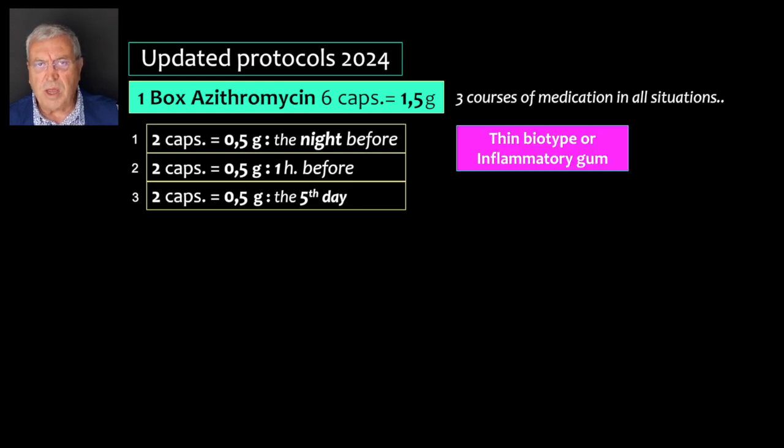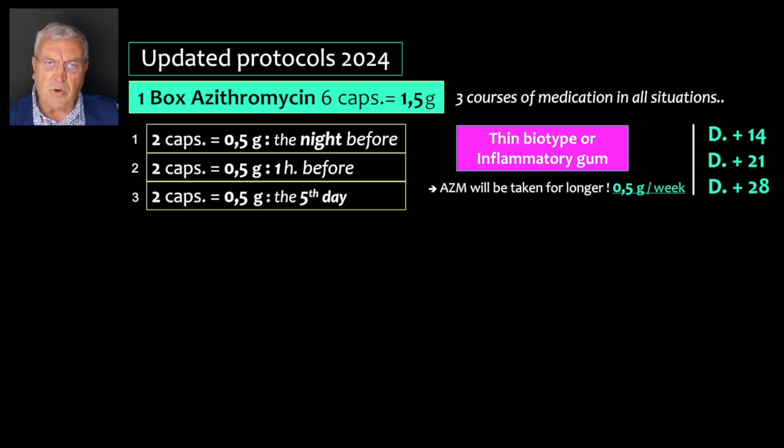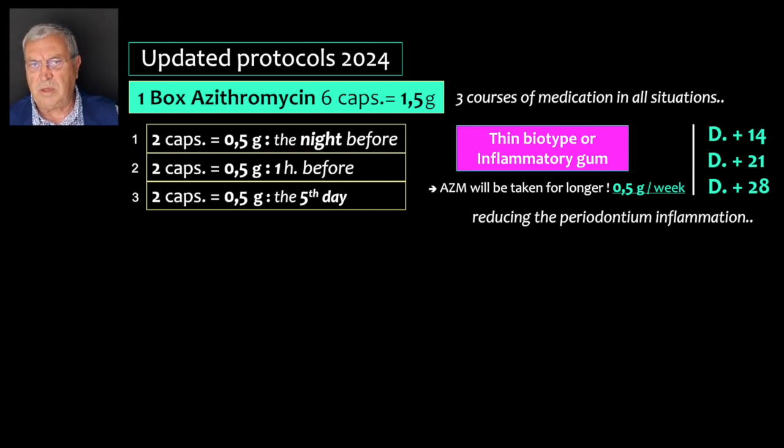But we don't forget that when we have an inflammatory gum, or when we have a very thin biotype, we should increase the azithromycin time. It will be taken for longer, at 0.5 gram per week during 2, 3, 4 weeks more, in order to reduce the periodontium inflammation.